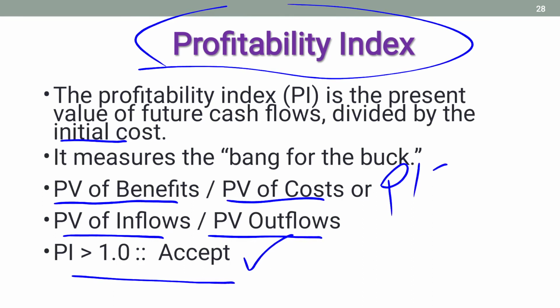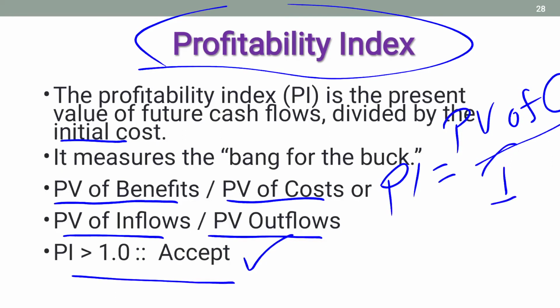PI is equal to present value of cash flow upon initial investment I0, and that should be greater than 1 to accept. Right? If the profitability index answer is greater than 1, then definitely NPV value will be plus. Right?